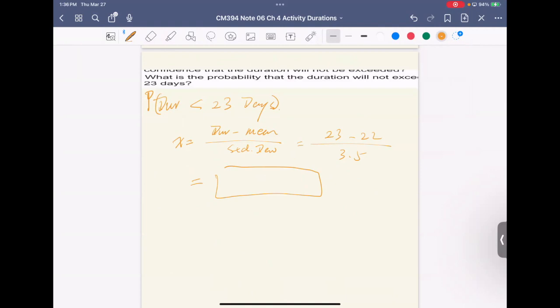Tell me, x is equal to what? 0.28. Is that correct? So if you know x is equal to 0.28, then you go to the table.